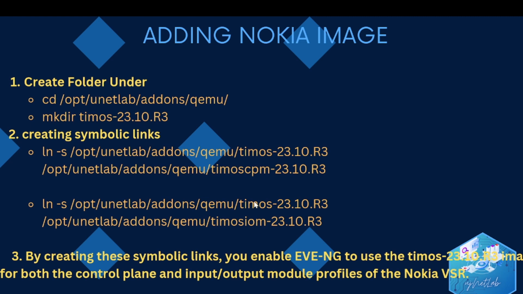Why are you creating a symbolic link? Because with the help of this, you don't need to copy the QCOW file separately for the control plane and for the line cards. That is the reason, because we will be adding the Nokia image in a distributed mode.